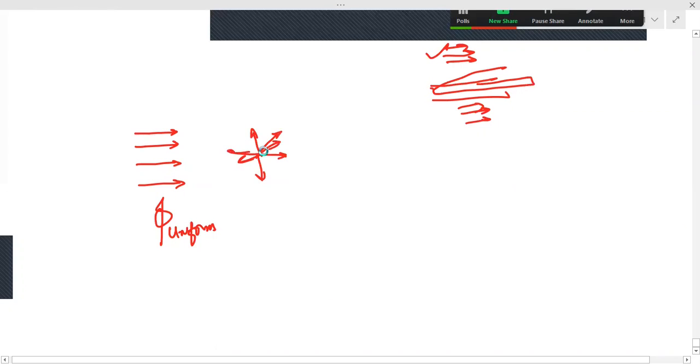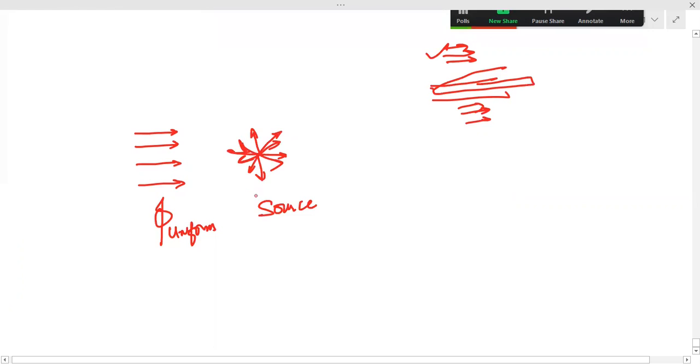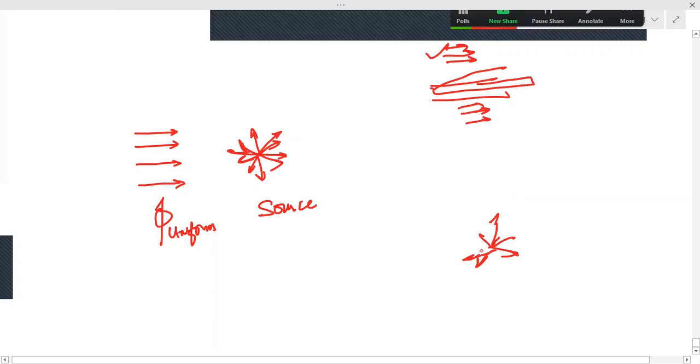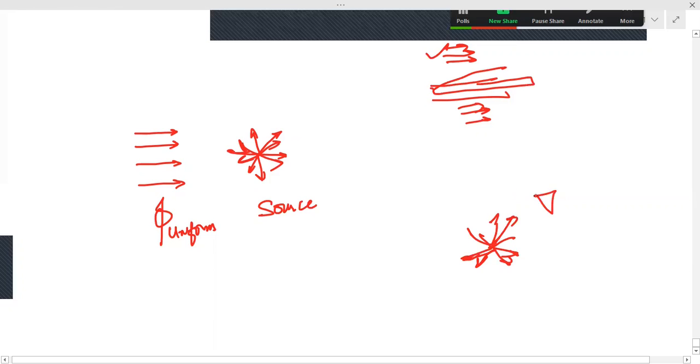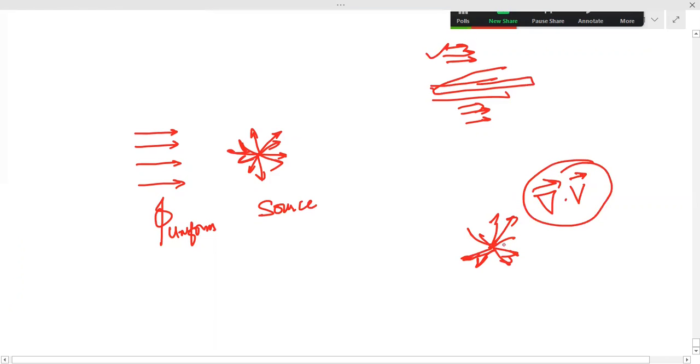So what do you mean by source? Source means, say, if you have seen springs, water is coming out of the spring. In the first or second class, we did something called divergence of a vector field. This tells us how much fluid is diverging from a point.